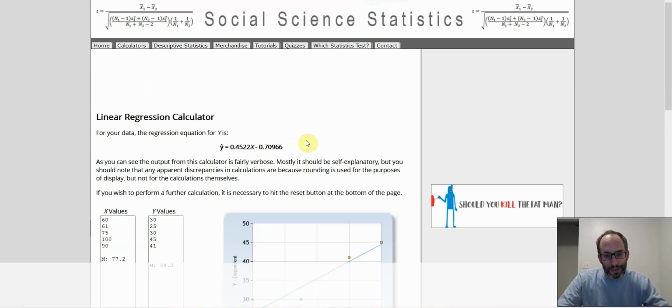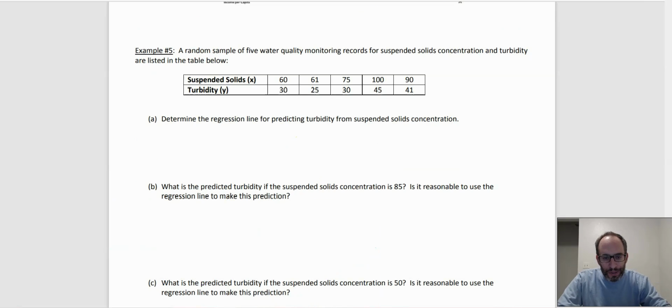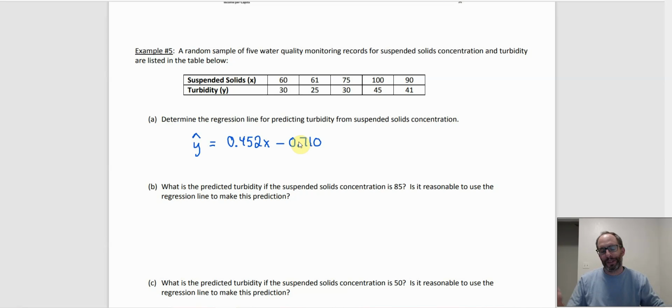With three significant figures, I'm going to have 0.452 for the slope, and negative 0.710 for the y-intercept. So our regression line is y hat equals 0.452x minus 0.710. That's what we got.